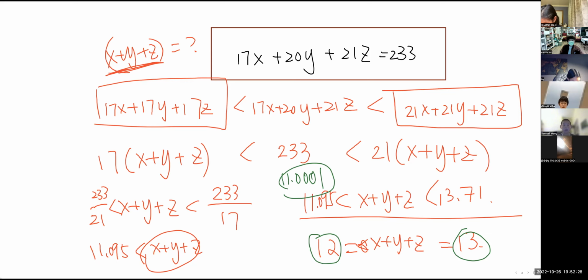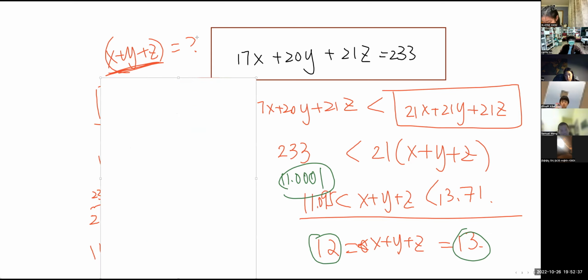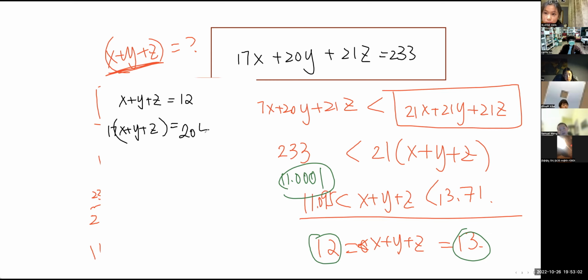Okay, everybody understand? Okay, so now I'm going to start doing how to do this one. So the last part, let's move forward. So x plus y plus z, if it equals 12, then 17 times x plus y plus z equals 17 times 12, which equals 204.